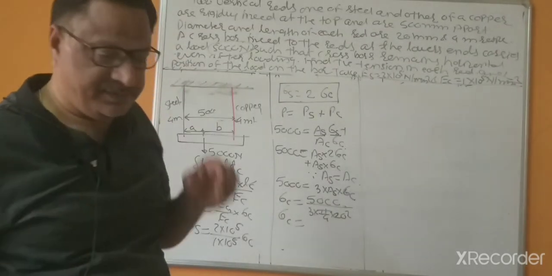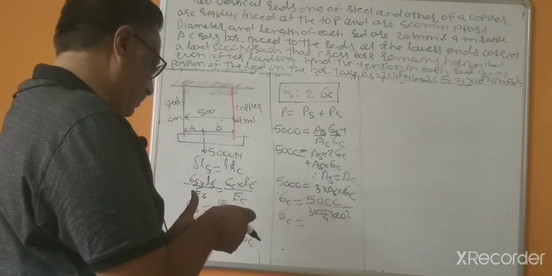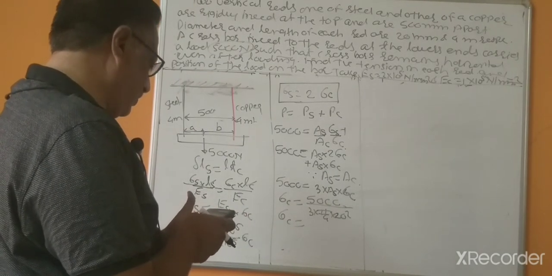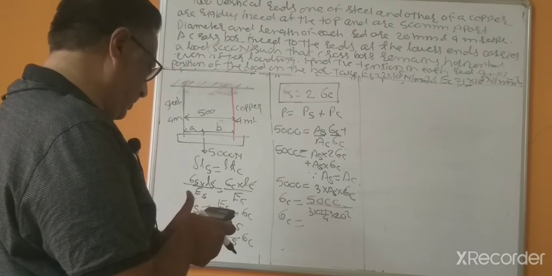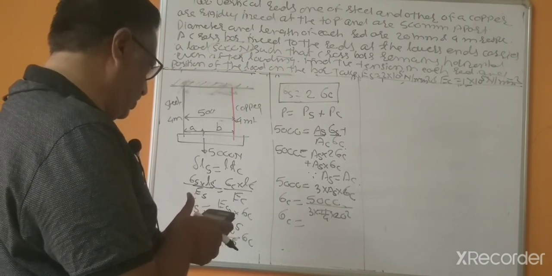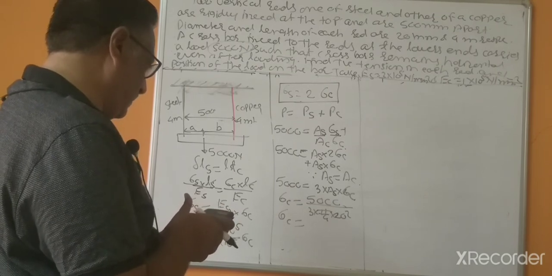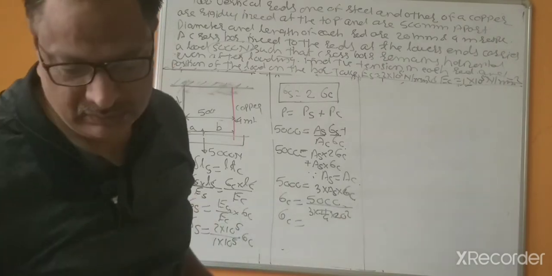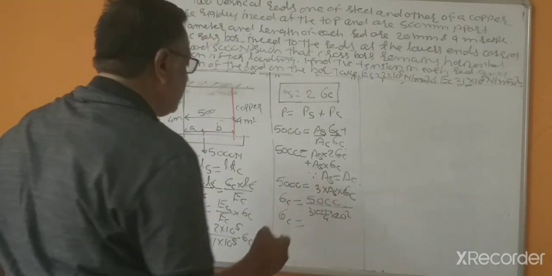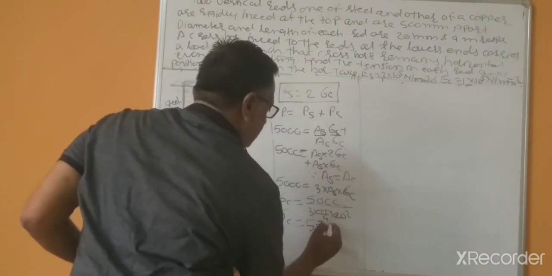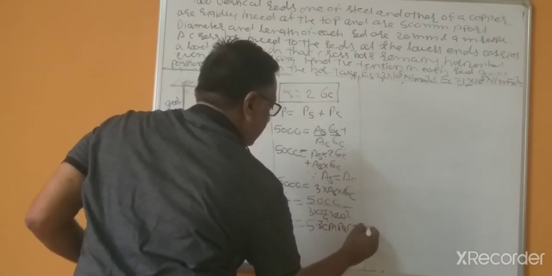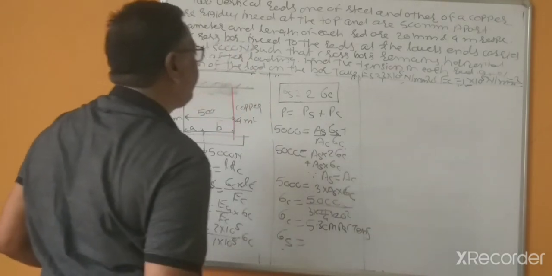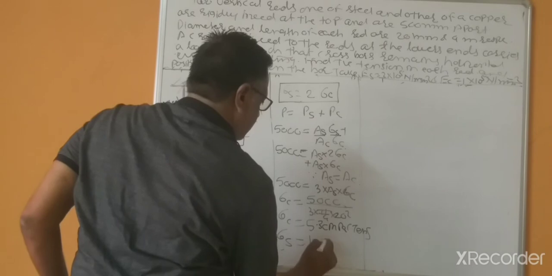Sigma C equals 5.30 megapascals tensile, and sigma S equals 2 times this, 10.6, also tensile.